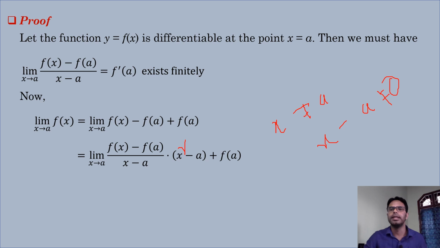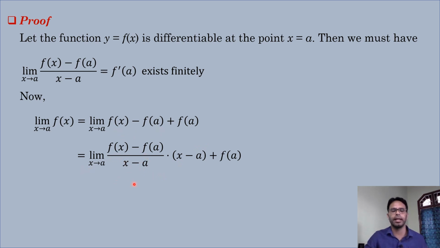Since x minus a is a non-zero number, therefore we can divide this entire part f(x) minus f(a) by x minus a, and multiply by x minus a. Because x minus a is a non-zero term, this and this will cancel out, and f(x) minus f(a) will remain the same.